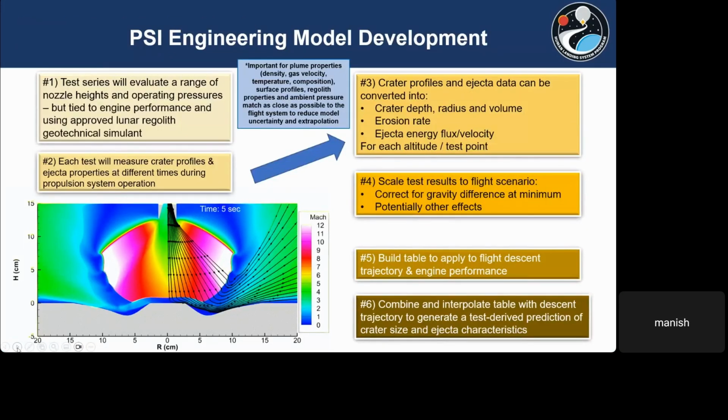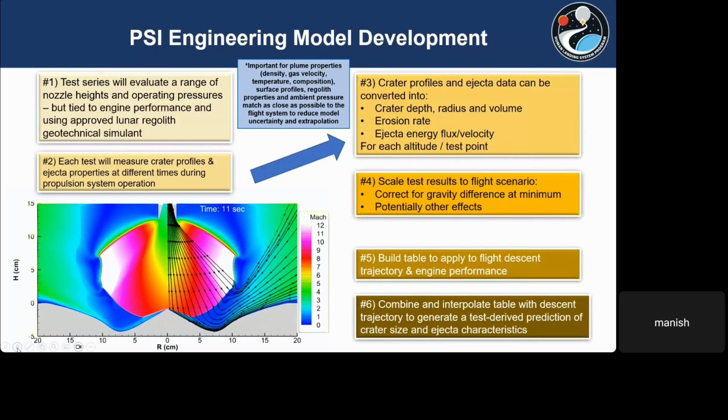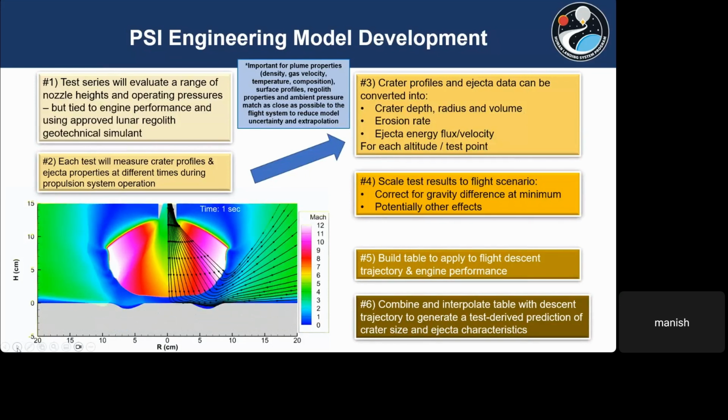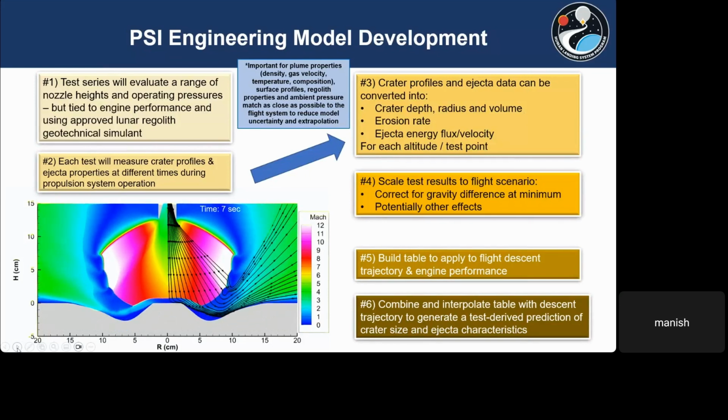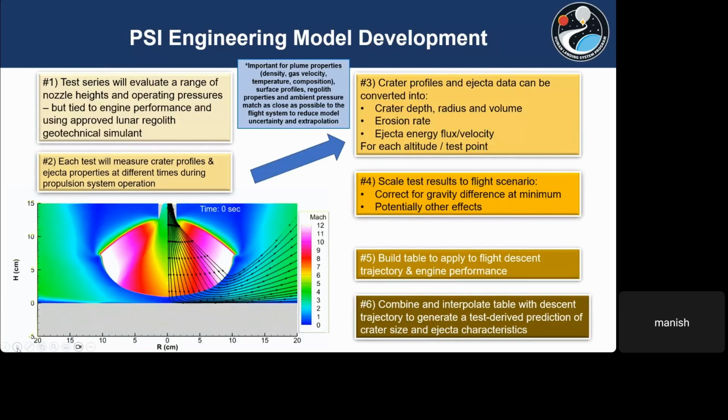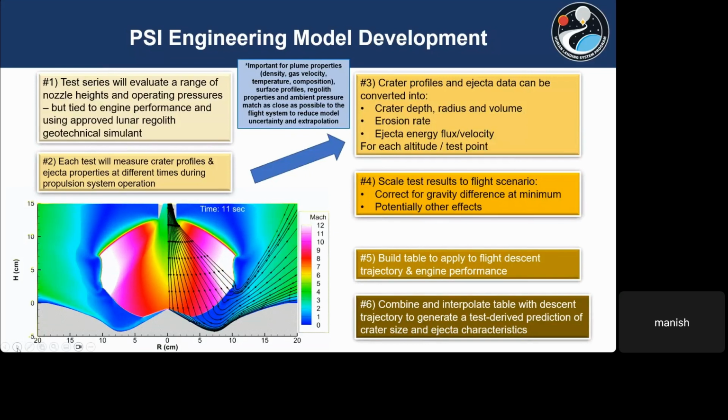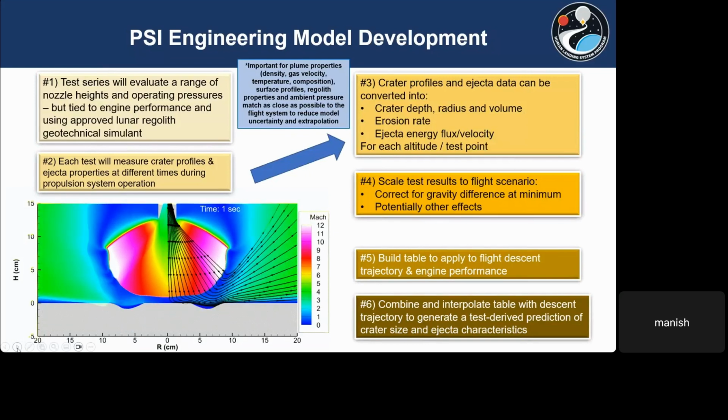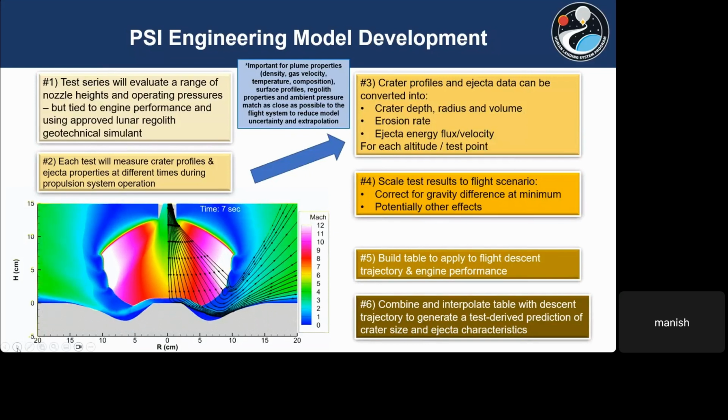If you go to the next chart, we're trying to tackle this in a couple of ways, and Greg Shallcross mentioned using an engineering approach. That's the focus that we are taking here as well.